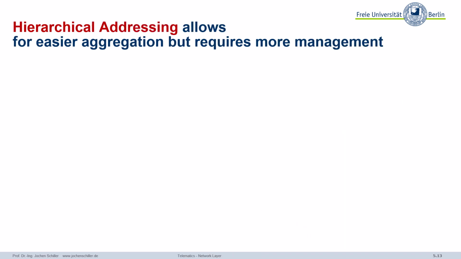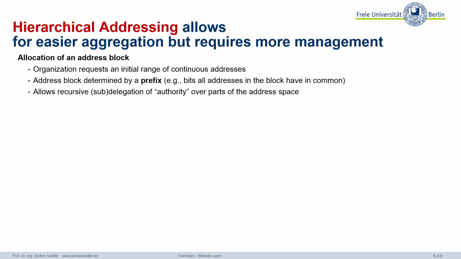So hierarchical addressing is the important thing. We will see that when an organization asks for addresses, you will get a range of continuous addresses with a certain prefix. That's the starting part. In our example, it was the A and whatever may follow, or the B and whatever follows. That's the term, prefix.